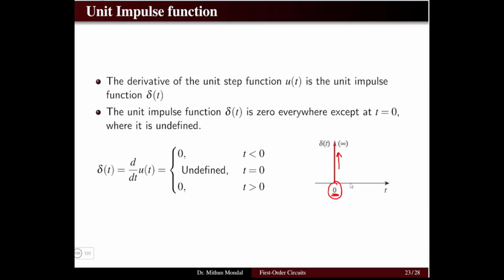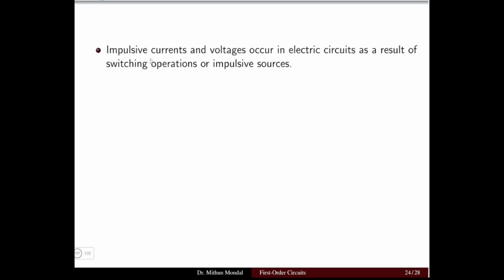Now there is no amplitude at any other time except at 0. So del of t, which is the differential of the step function, for time t less than 0 and time t greater than 0, everywhere it is 0. Only at time t equal to 0 it will be undefined. That is, it will give a sudden shock to a circuit. So impulsive current and voltage occur in an electric circuit as a result of switching operation or impulsive sources.